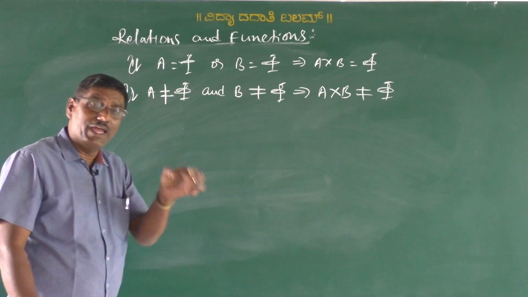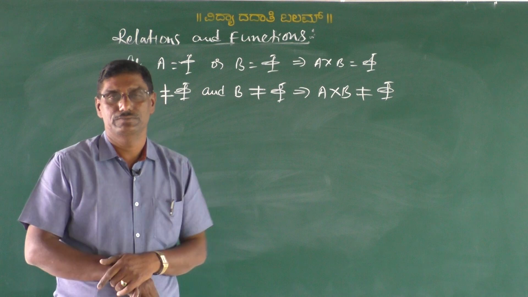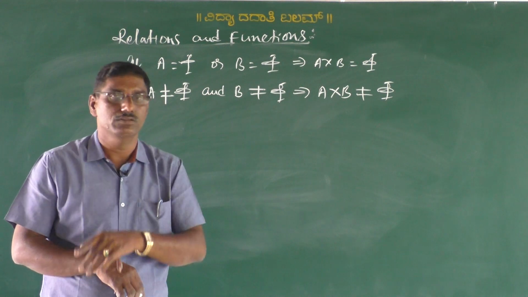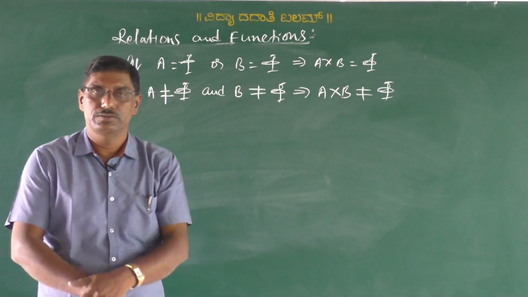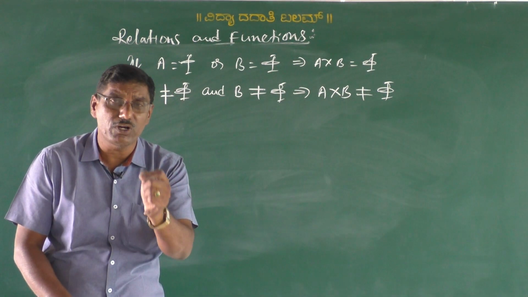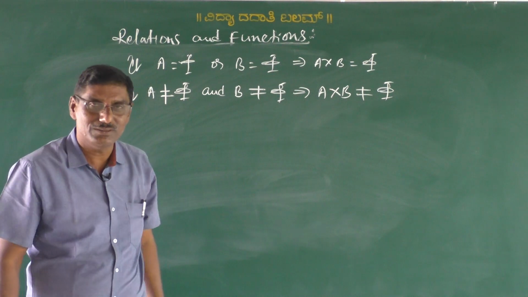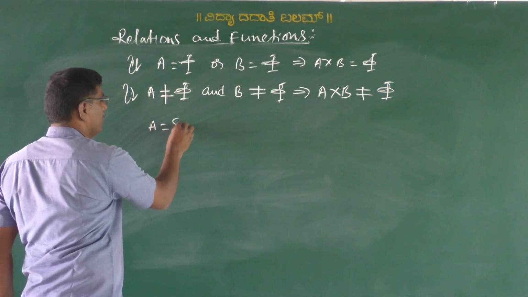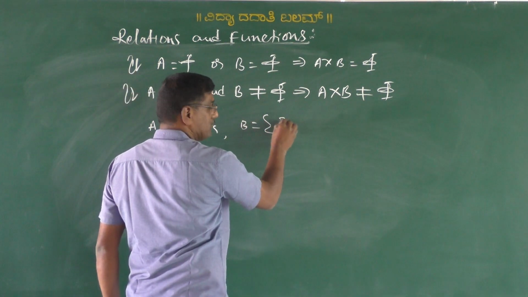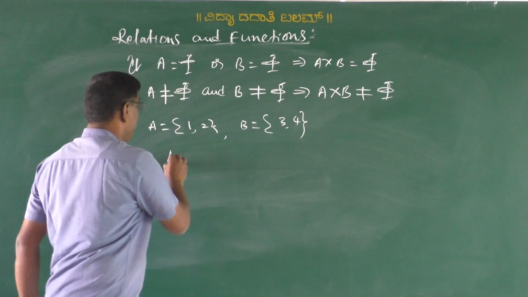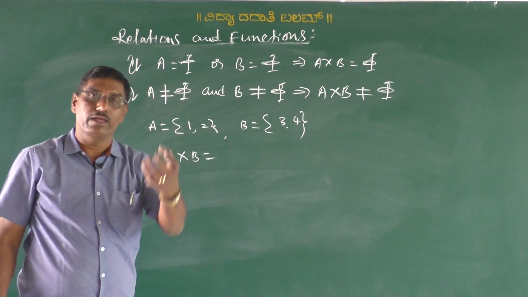Third point, if A is finite and B is finite, that is the finite set, already we know, then we get A cross B is also finite. The Cartesian product of two sets will be finite. You want examples? If A is finite, A is equal to some elements 1, 2 and B is equal to some finite elements 3, 4, then in A cross B we get some finite elements.